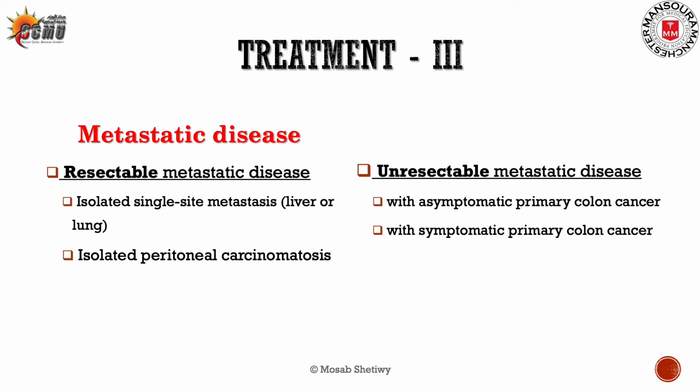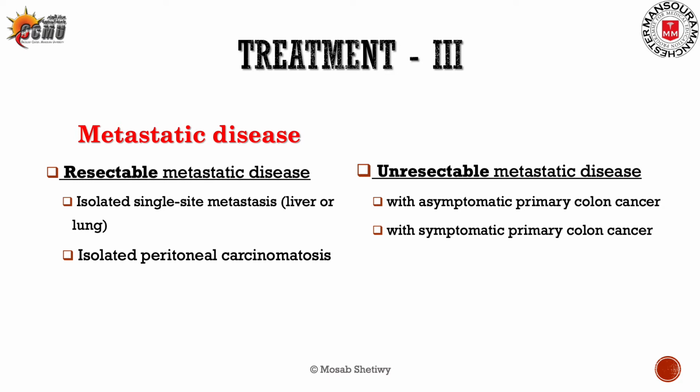So for those with unresectable metastatic disease, if the patient is asymptomatic, given the relatively low risk of bleeding or obstruction, less than 10%, and a relatively higher rate of perioperative morbidity in asymptomatic patients with unresectable metastatic disease, it's advisable not to do a resection of the primary.